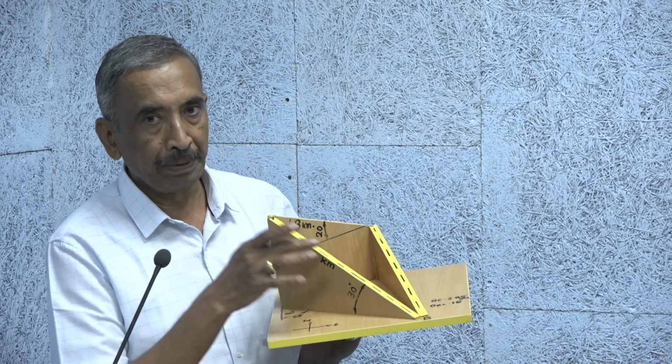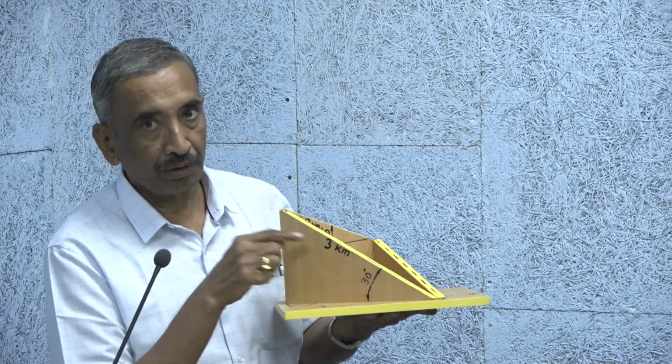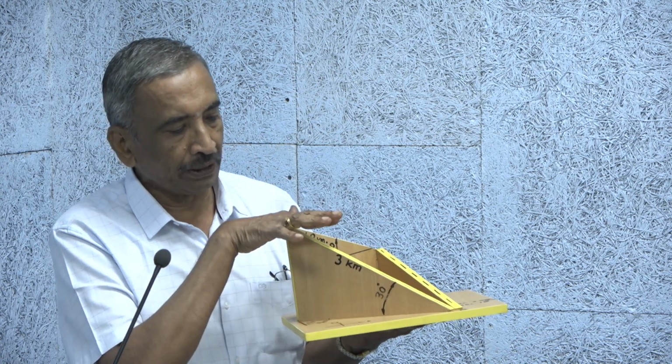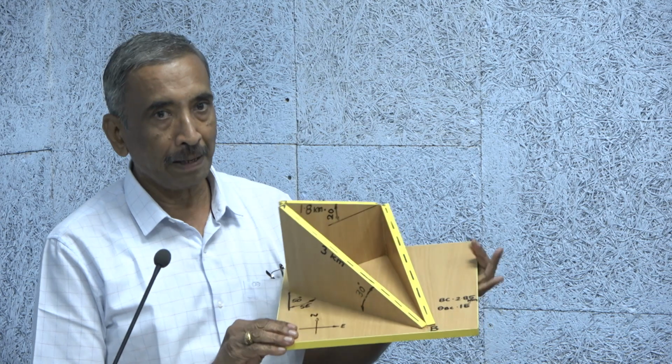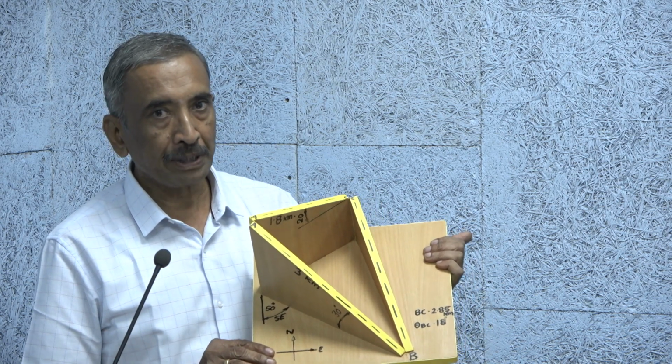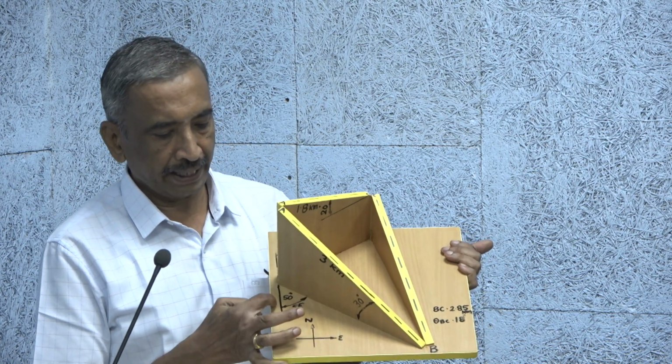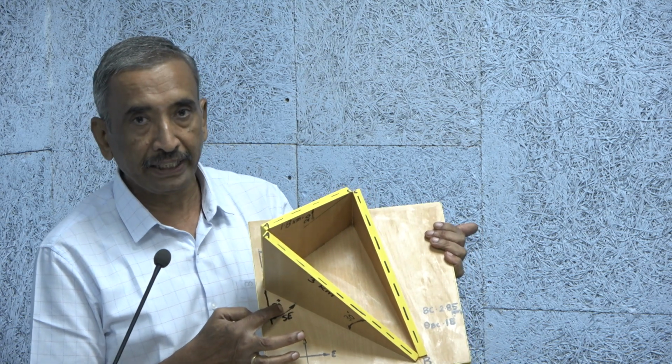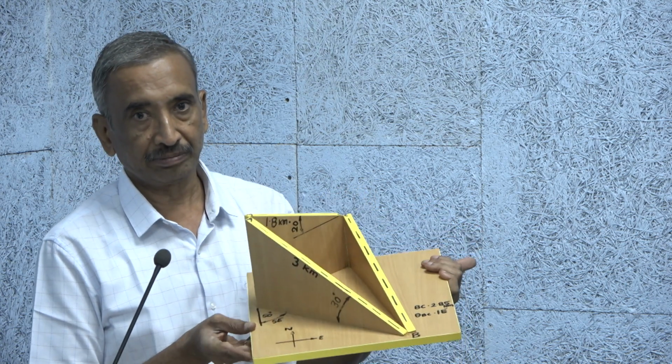The road AB has a length of 3 kilometers and a downward slope of 30 degrees. When you look from the top, it is at an angle of 50 degrees southeast.